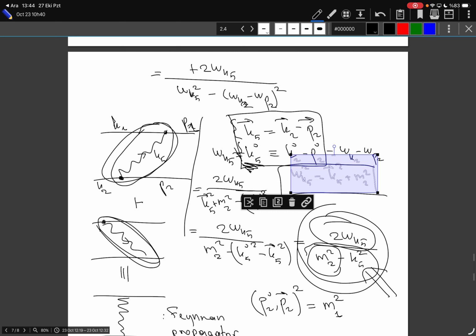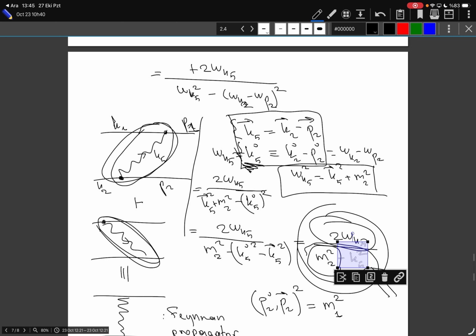But now I'm defining a different zero component for this 4-vector, which is k5 zero. And since this is not equal to the energy of my particle, k5 zero squared minus the 3-momentum k5 squared, the 4-vector squared, is not equal to the mass of the particle squared.